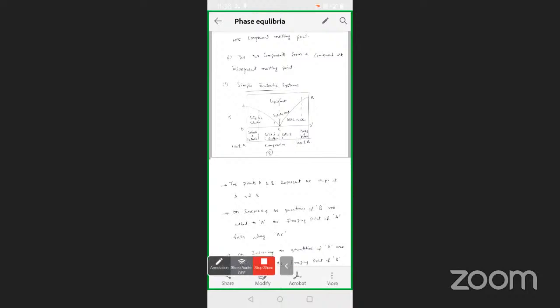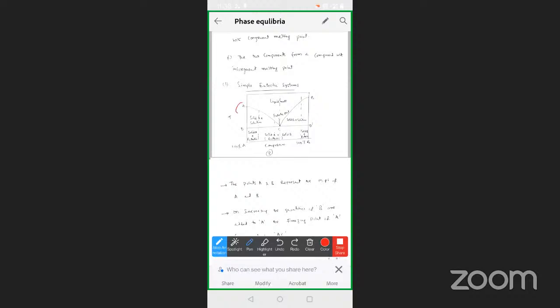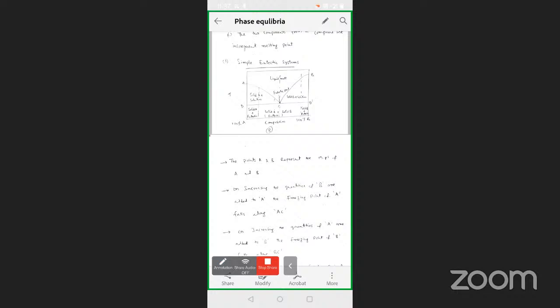generally A and B are the melting points of A and B. On increasing the quantities of B, the freezing point of A falls along AC.